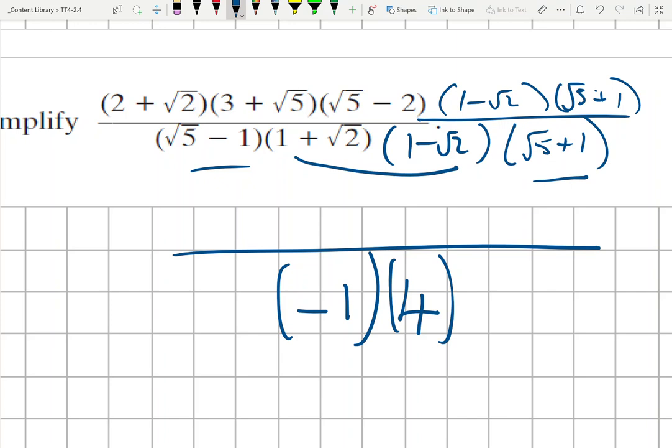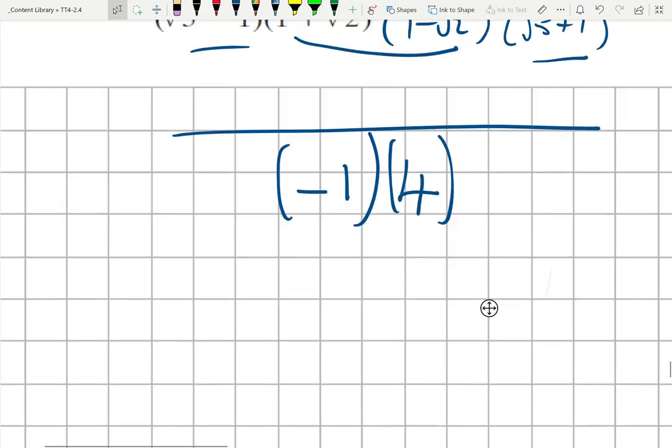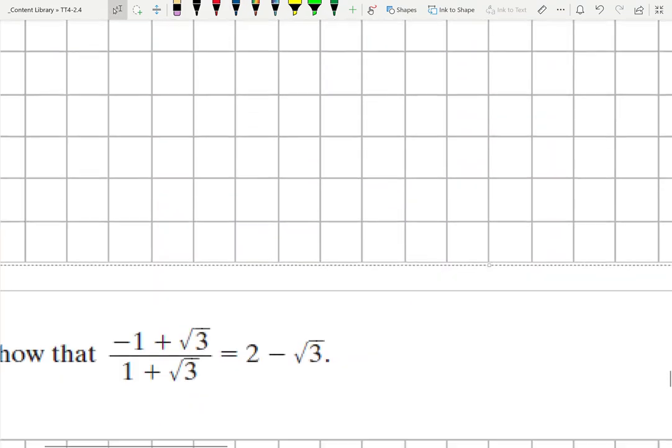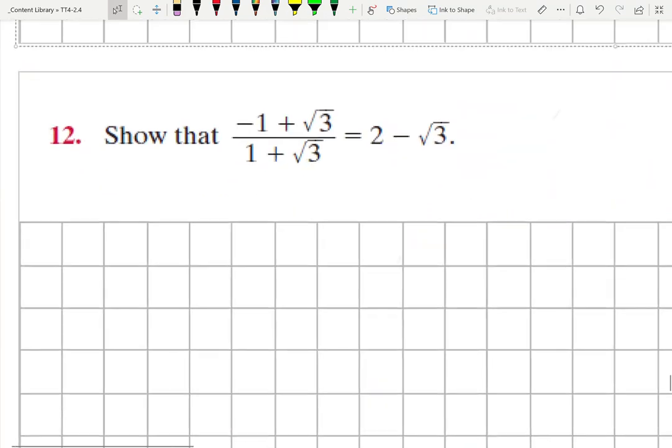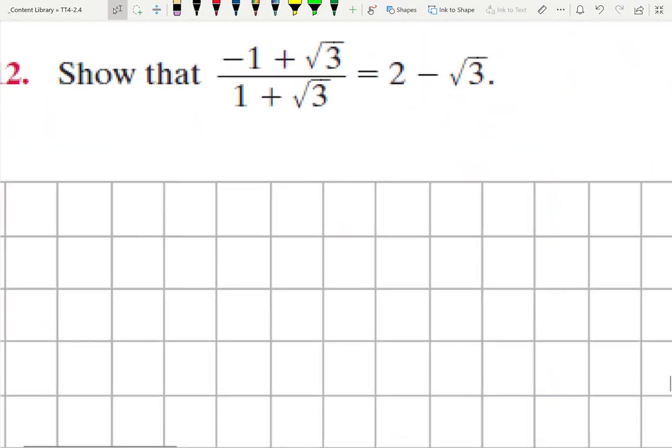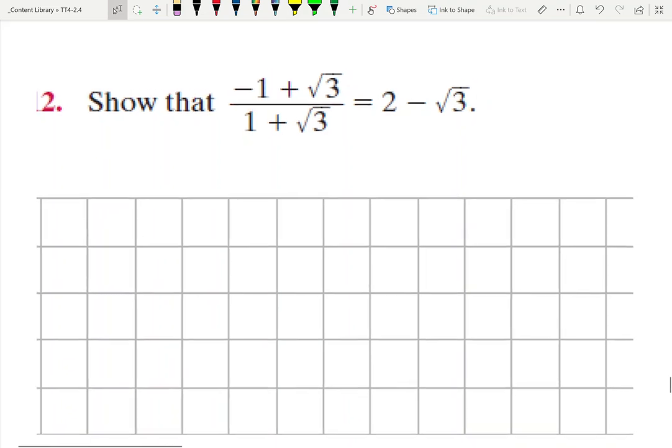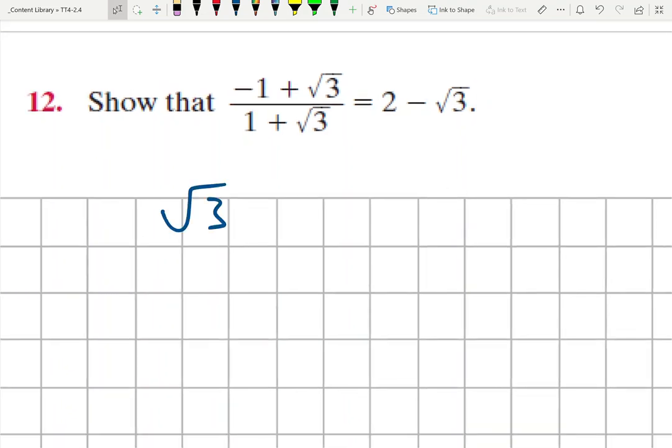The top has become 3 and 1 minus 2 root 3. 4 minus 2 root 3 over 2 equals 2 minus root 3, which is that.